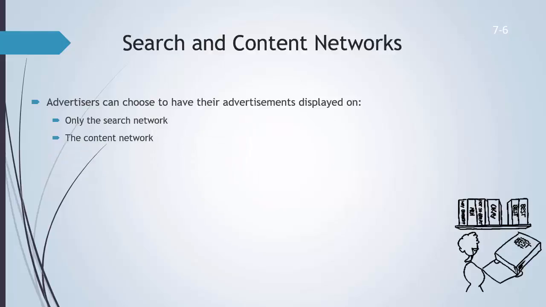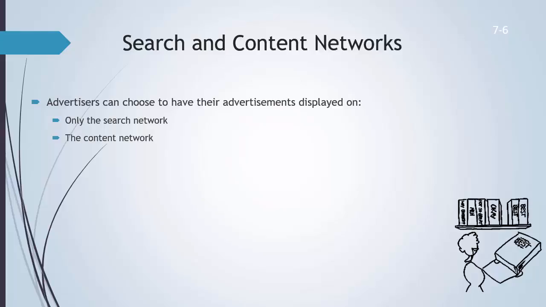You as an advertiser also choose where you would want your advertisements displayed. Maybe you want them both on a search network or a content network. The search network is just like it sounds. It'd be those search engines like Google and Bing and so on.